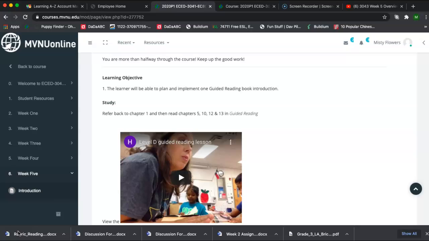Step 4 is you're going to observe and interact as students read the text individually. During guided reading, every child is reading that book at that table, but not at the same time. They aren't at the same place at the same time. It's not a choral reading of the book. It's not popcorn reading.